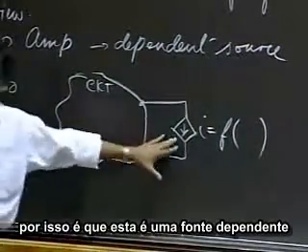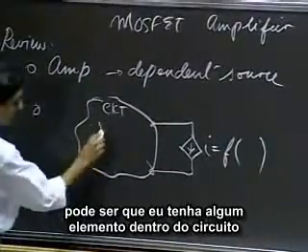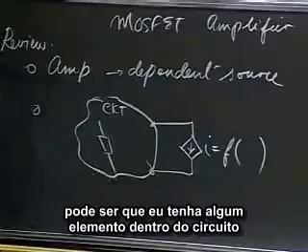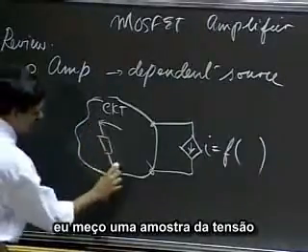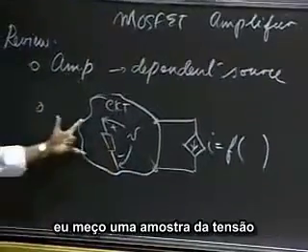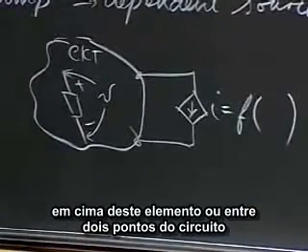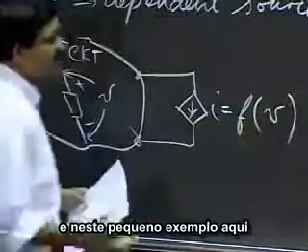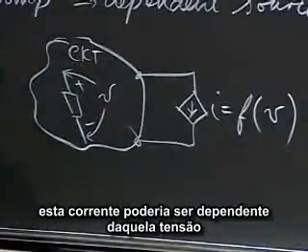Okay, that's why this is a dependent source. This is a dependent current source. So it could be that I have some element inside, and I sample the voltage across the element or between any 2 points in the circuit. And in this little example here, this current could be dependent on that voltage.